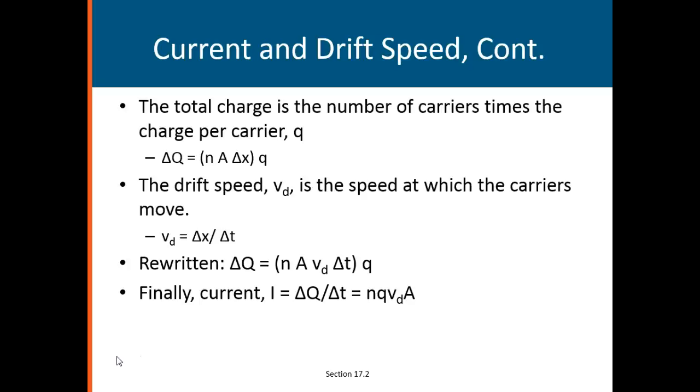Then the current is this divided by delta T. The delta Ts go out, and you have I = N q A V sub D. Okay, big deal. All you need to remember is this. If you ever need the microscopic picture, that gives it to you.